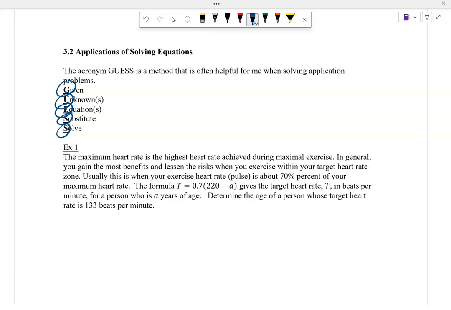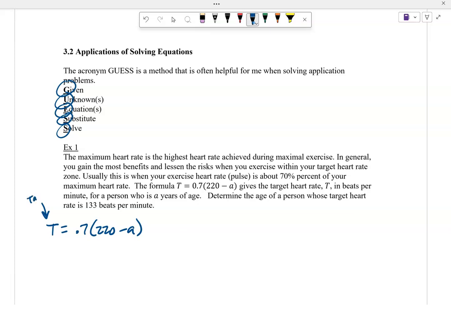The max heart rate is the highest heart rate achieved during maximal exercise. Generally, you gain the most benefits and lessen the risk when you exercise within your target heart rate. Usually this is when your exercise heart rate is about 70% of your max heart rate. The formula, I'll write this down, 0.7(220 minus A) gives the target heart rate T. So this is my equation that they're given, right?